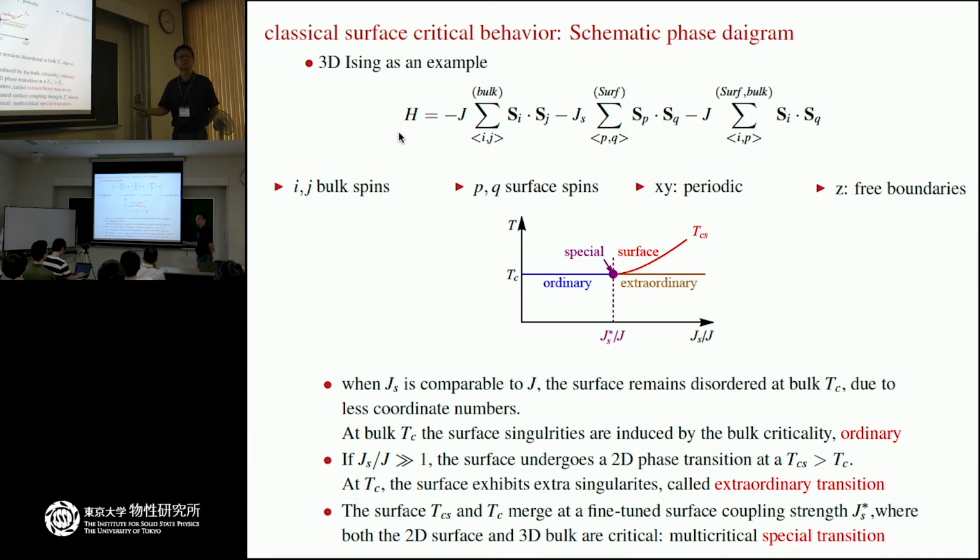You have three of them. The surface one is 2D Ising. We take the bulk Tc, then you measure the surface. It's different from here. I see. And the ordinary is the 3D Ising model? Ordinary surface, no. It's something in addition to 3D Ising.